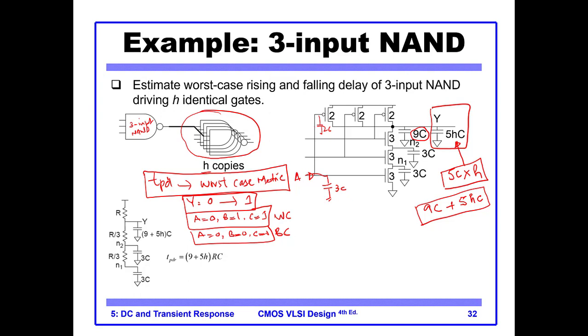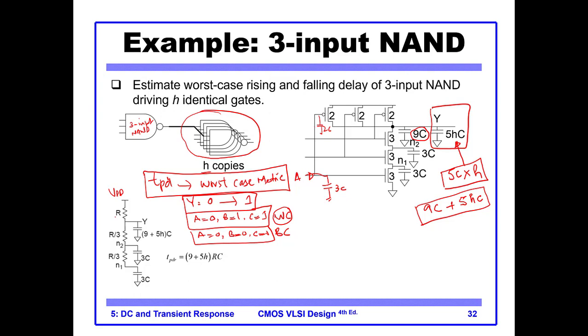Okay, so this is the worst case. From the worst case we calculate the propagation delay, and this is our circuit for the worst case. For example, one of the PMOS is on.